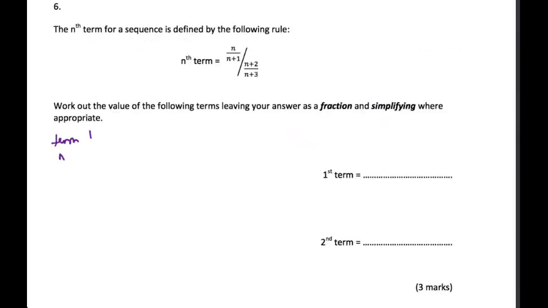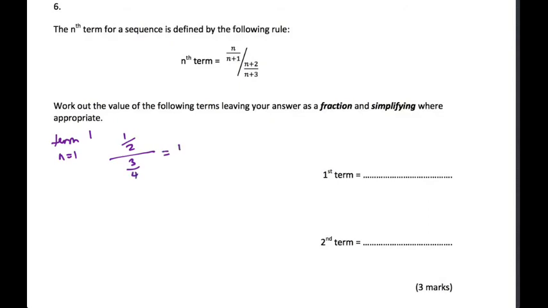This question looks slightly different on your paper. It had a big fraction line, and so I'll use that when I'm answering the question. It was basically taking your understanding of substitution, sequences, and division of fractions into one question. So the first term, well, that means that n is 1. So when n is 1, we have 1 divided by, well, 1 plus 1 is 2, all divided by 1 plus 2 is 3 over 4.